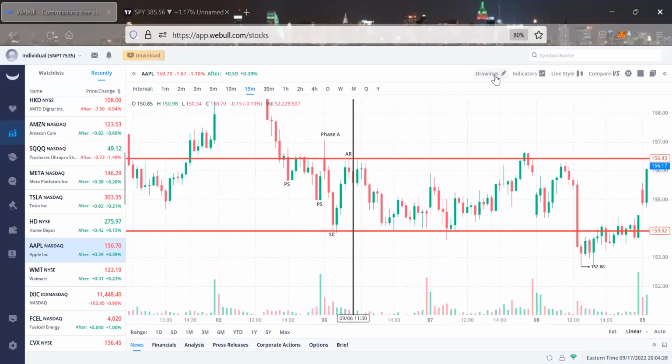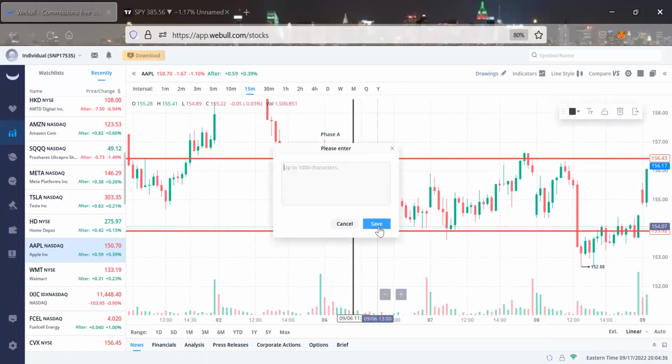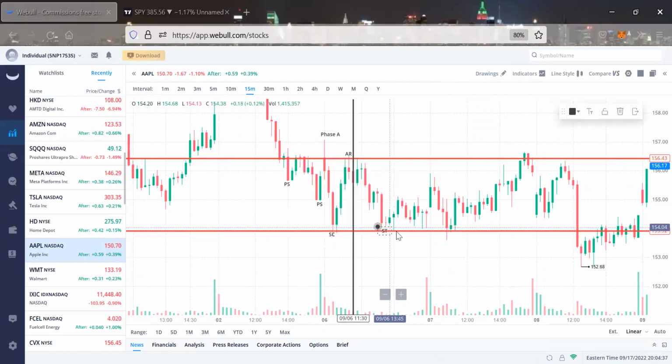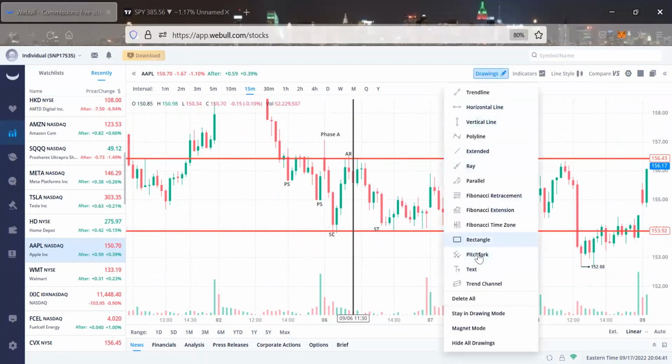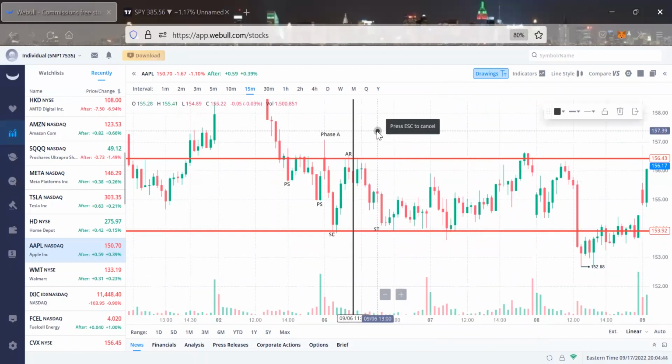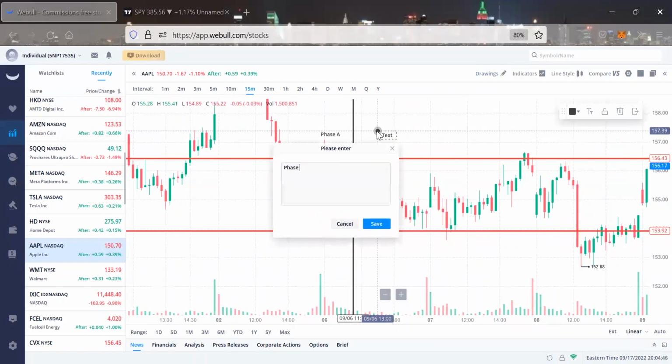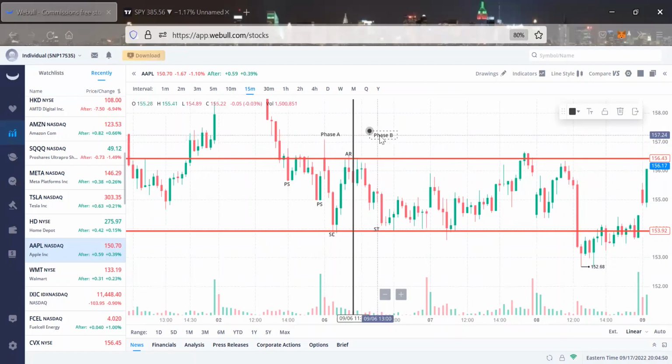Next we have phase B. All we want for phase B is to retest that selling climax. ST, it's called the second test. That's all you have to worry about for phase B. That second test.